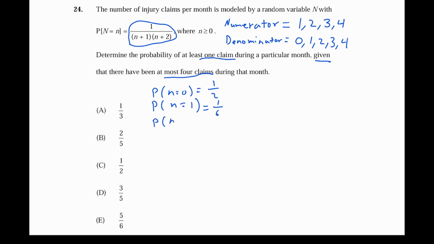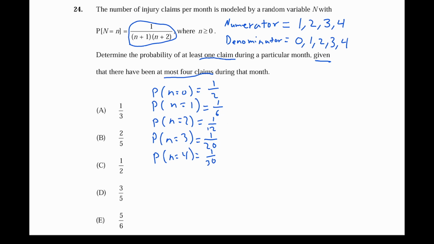Probability of n equals 2 is going to be 1 over 12. Probability of n equals 3 is going to be 1 over 20. And probability of n equals 4 is going to be 1 over 30. Okay, so now we have all of our probabilities.